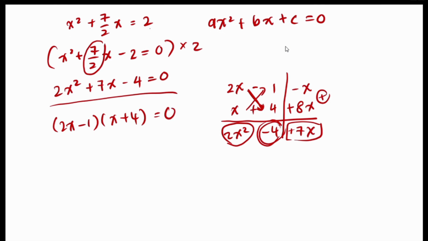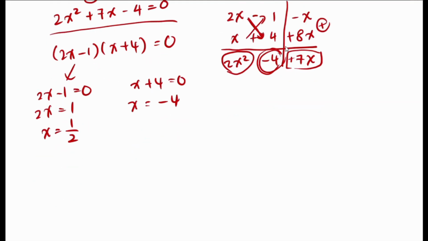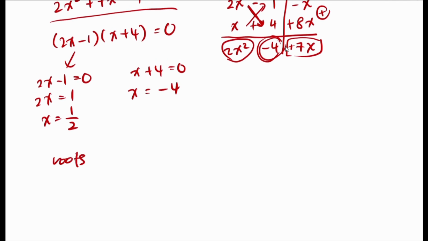And then to find the root, just split it up. 2x minus 1 equal to 0, so 2x equal to 1, x equal to 1 over 2, and x plus 4 equal to 0, so x equal to negative 4, which means the roots are 1 over 2 and negative 4.